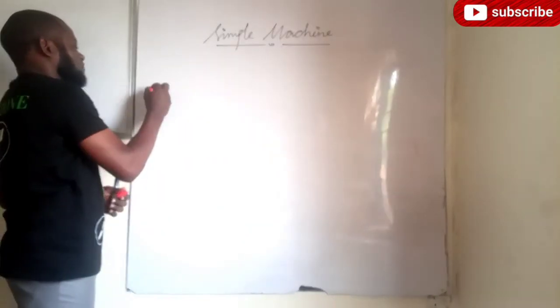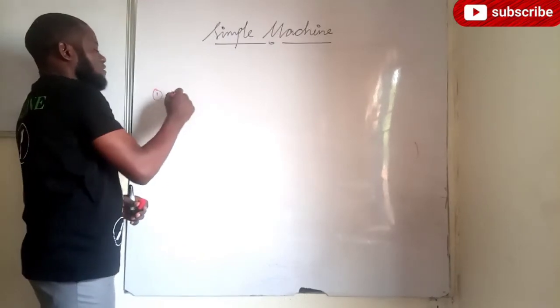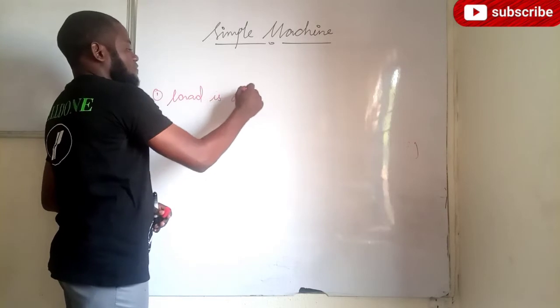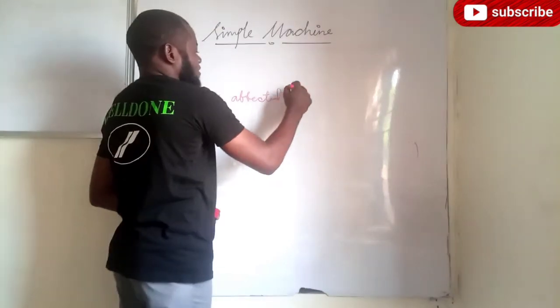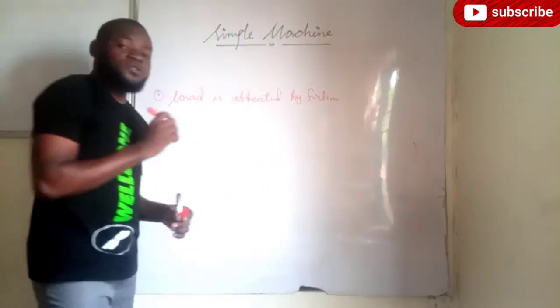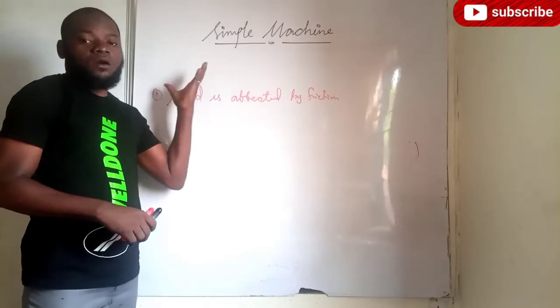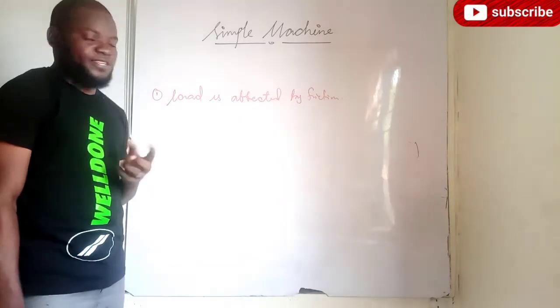The efficiency of a machine cannot be 100% because the load is affected by friction. Now, I want you to understand something. I don't just want you to cram the reason behind efficiency not being 100%.